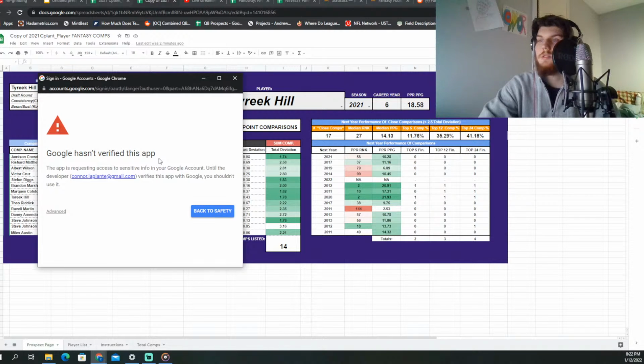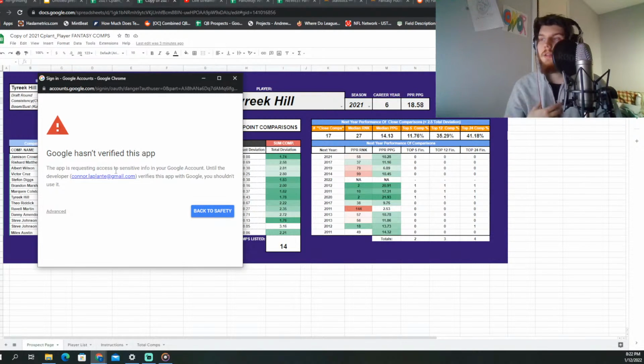This is only because it's running a script which sorts in a different tab. Once you hit the button, it sorts A to Z in the player list tab by itself, and you'll see that. But Google has a problem with it because it's basically running an automation that they never cleared. You know what I mean?